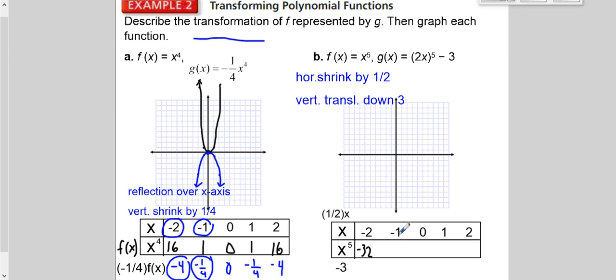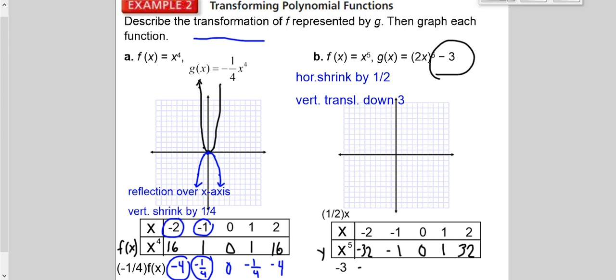All right, -1 times -1, 5 times. That's going to be a -1. 0 to any power is 0. 1 to the 5th power is 1. 2 to the 5th power is 32. Put those on your graph. Take all of these x values, multiply them by 1/2. Take these f of x values, or the y values, don't multiply those. I didn't put parentheses around that. What are we doing? We are subtracting 3.